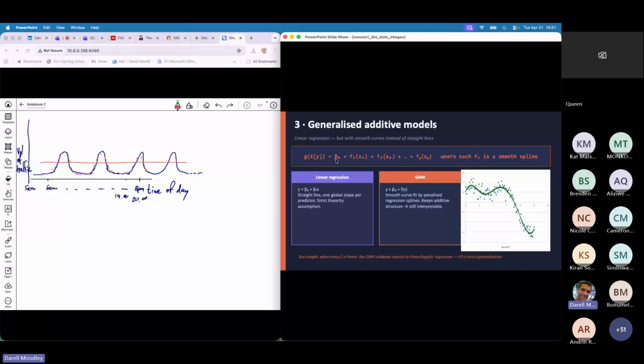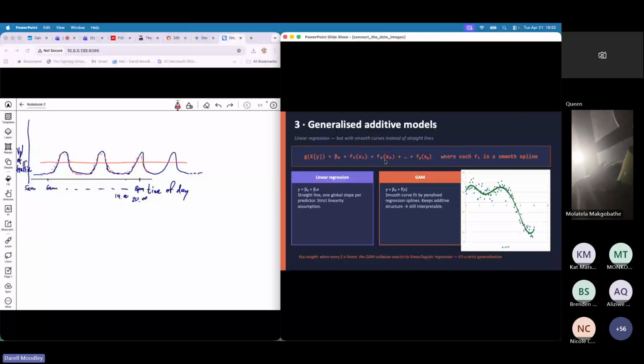What I mean by additive is that it's similar to your linear regression model, except that in linear regression you didn't have this f in front of the x. It was directly the x variables. Here, each of these f values is a function. So you're adding up a function of x1, a function of x2, etc., depending how many variables you have. And that is what gives it that flexibility.